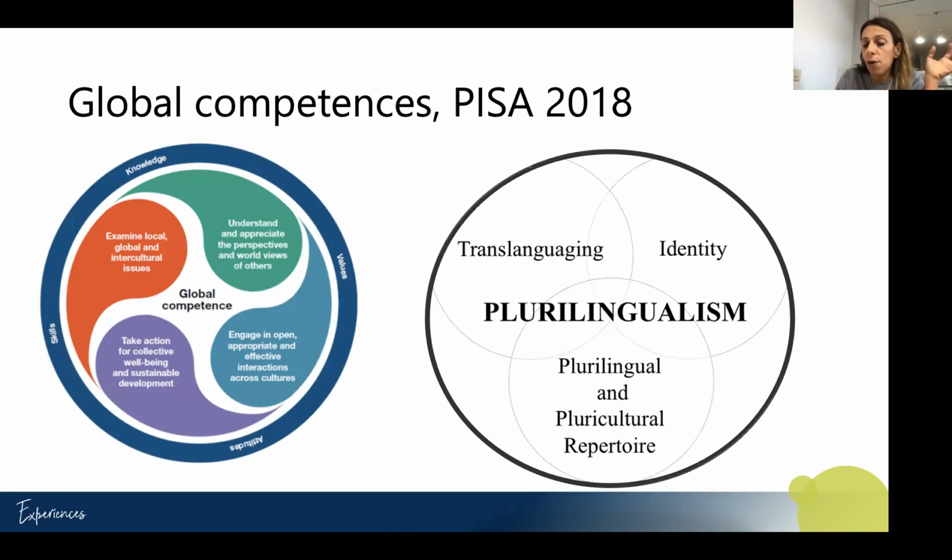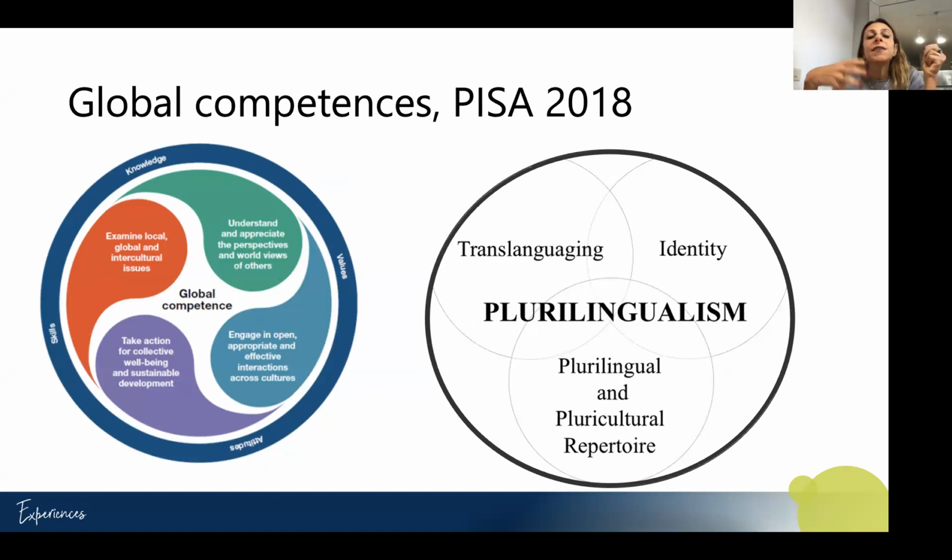And just tomorrow, the results will be officially launched by OECD, and we'll have the reports and the feedback on the global competencies framework. So this is of course plurilingualism, plurilingual and pluricultural repertoire, translanguaging, identity, all the concepts that are so linked to mediation can really help foster global competencies in our students. So the idea is to get out of their comfort zone, of their individual perspective, in order to understand the point of view of the others.